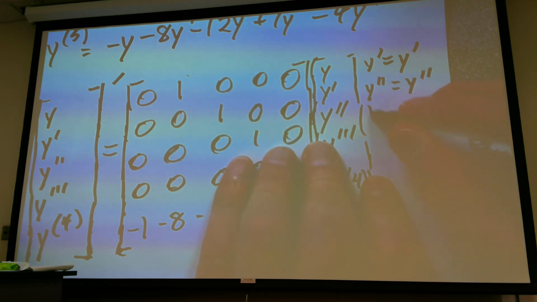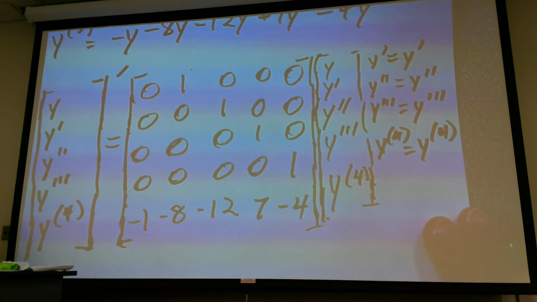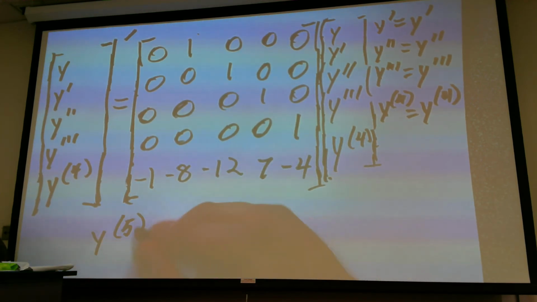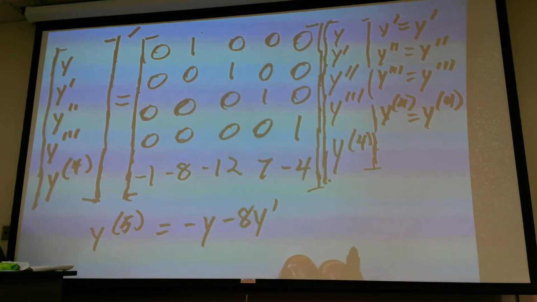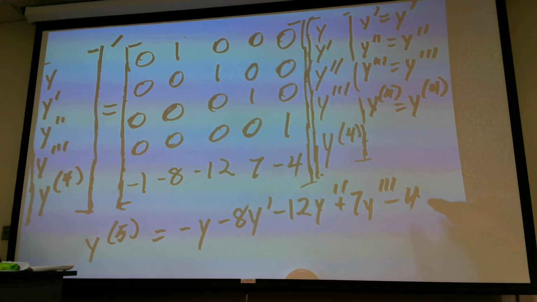The next one says y prime prime prime equals y prime prime prime. And the last one says y to the fourth equals y to the fourth. And then the very last line, the one down below everybody, says y to the fifth equals negative y minus 8y prime minus 12y prime prime plus 7y prime prime prime minus 4y to the fourth.